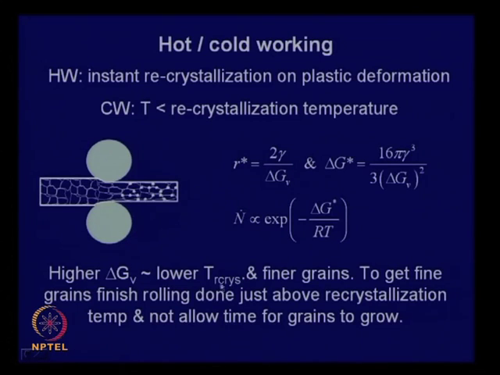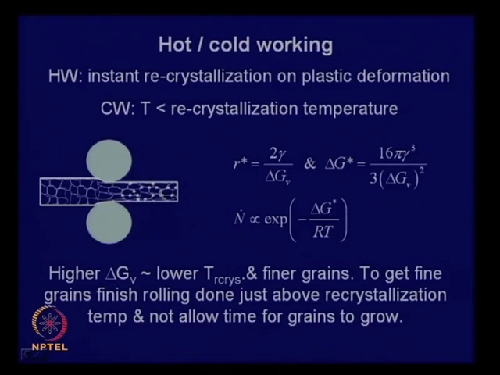So, this also indirectly affects the recrystallization temperature, and your critical nucleus radius decreases, therefore you have fine grain. To get fine grain, finish rolling is done just above the recrystallization temperature, and you do not allow time for grains to grow.